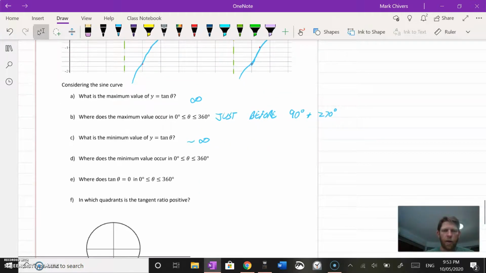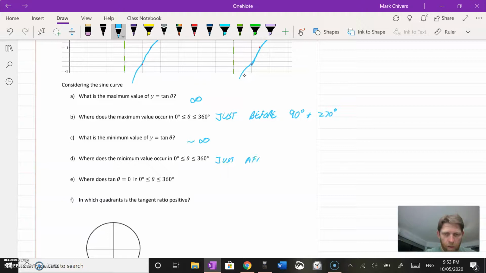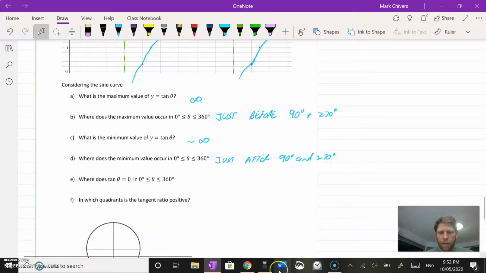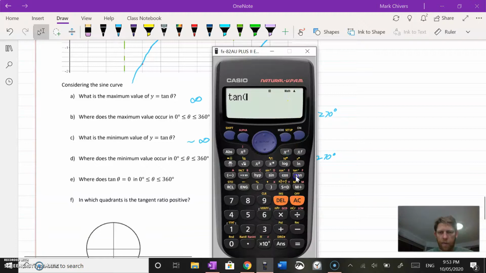Well, it's going to occur just after 90 degrees and 270 degrees. So to give you an example of that, if I did tan of 90.001, it's going to give me a really large negative number. Okay.